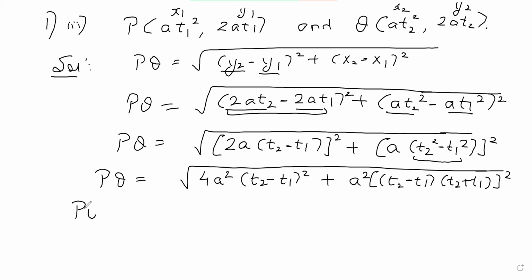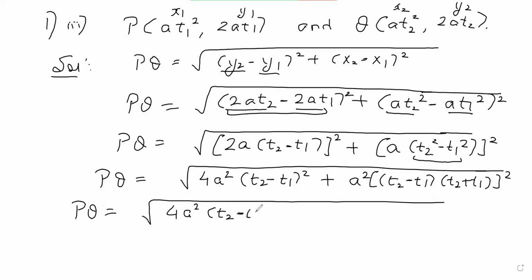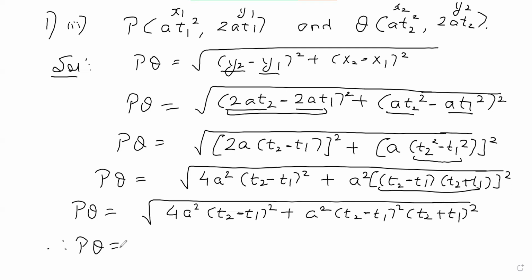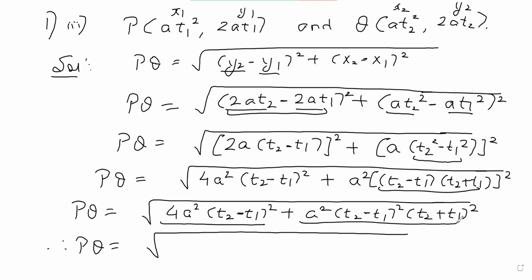Okay, so therefore my PQ is going to be 4a square times t2 minus t1 square plus a square times, if I open this up, I can write t2 minus t1 square, t2 plus t1 squared. So therefore, my PQ is going to be, now what can I take common? Within this expression and this whole big expression, I can take a square common.